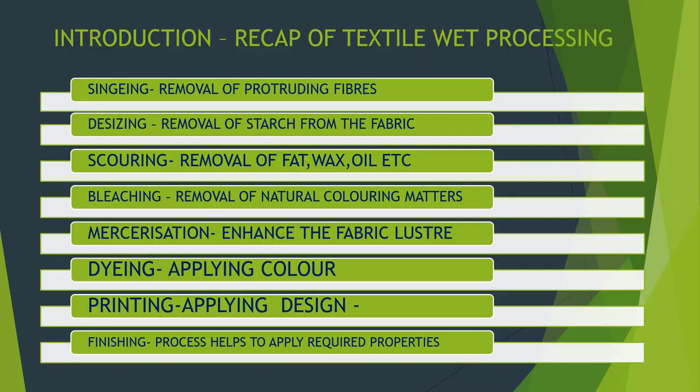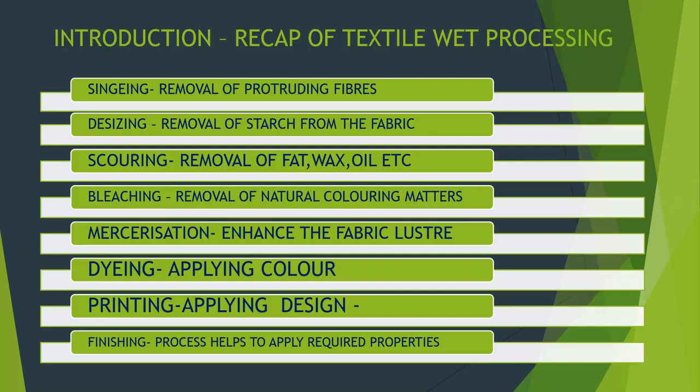So we have to enhance the marketable value, or the surface quality of the fabric. For that, lots of chemical processes are carried out. So here I have listed out wet processing, that is chemical processing for the fabric, which converts the fabric from the gray state into the finished state.